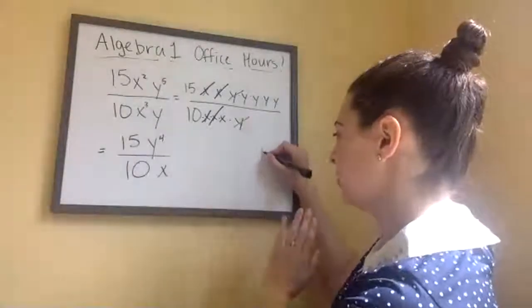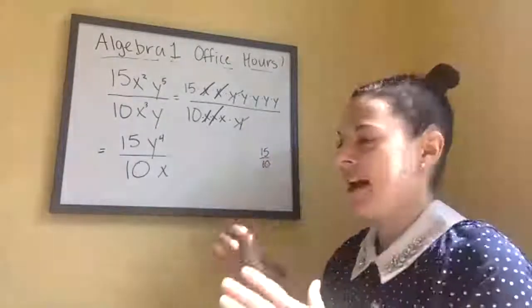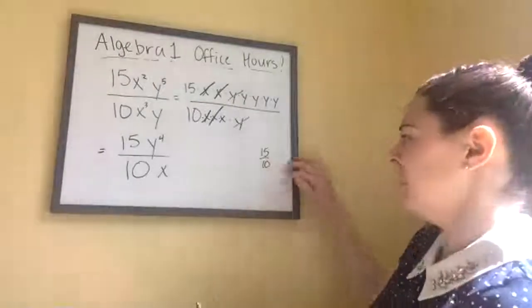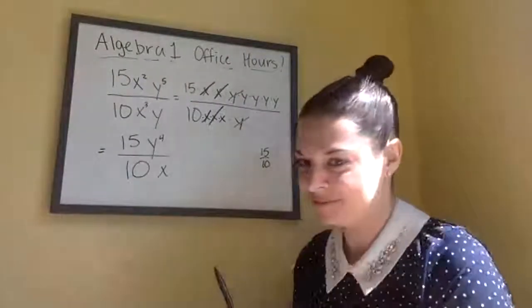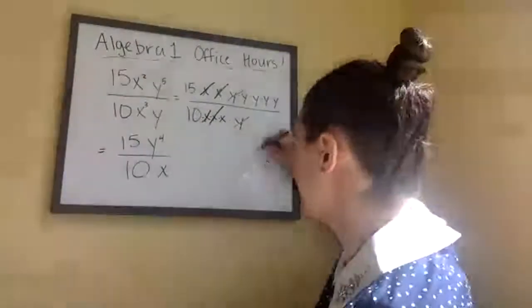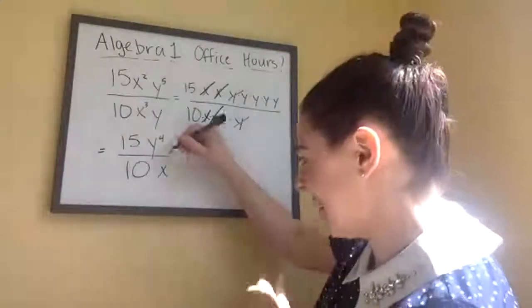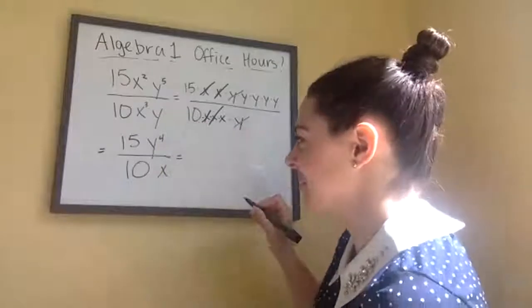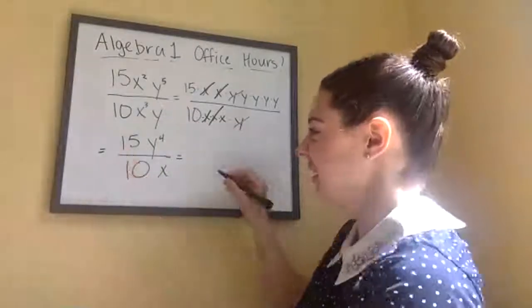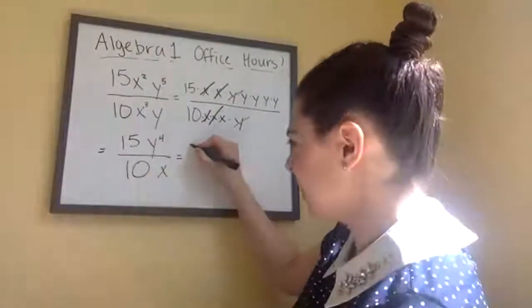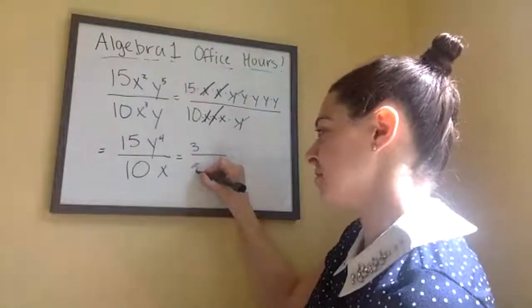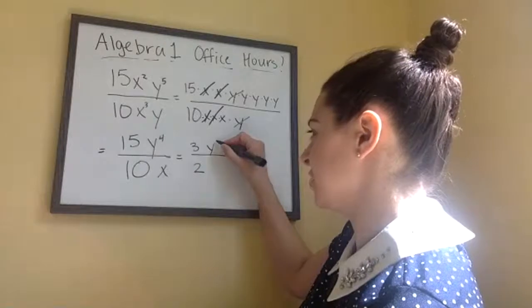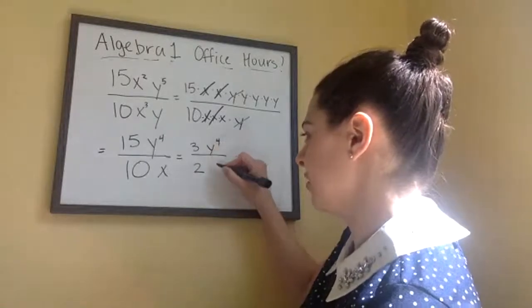If I were just telling you to look at 15 over 10 and simplify it, you might notice that 15 and 10 can both be divided by 5. That's a great point too. Yes, I'll talk about subtracting the powers as well. If I divide 15 by 5, that gives me 3. If I divide 10 by 5, it gives me 2. So my final answer is 3y to the 4th over 2x.